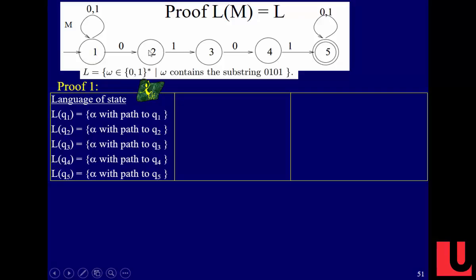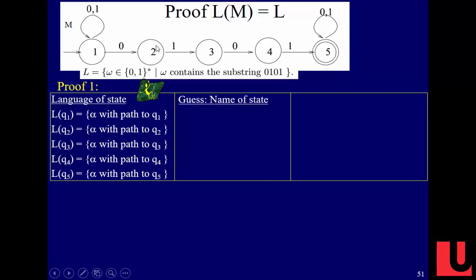Here are my states, 1, 2, 3, 4, 5, and we're calling the column state 1, 2, 3, 4, 5. And what is the language of this state? I'm going to say it's the set of all strings that have a path to this state. Does that make sense?